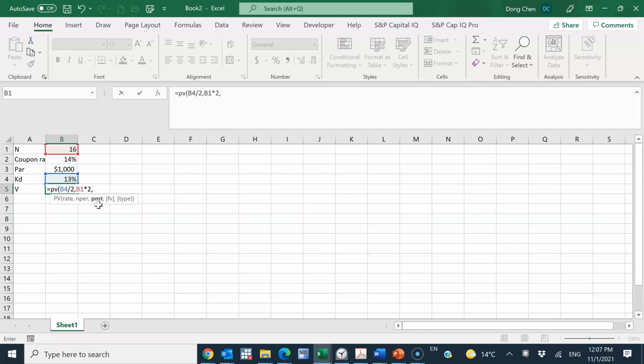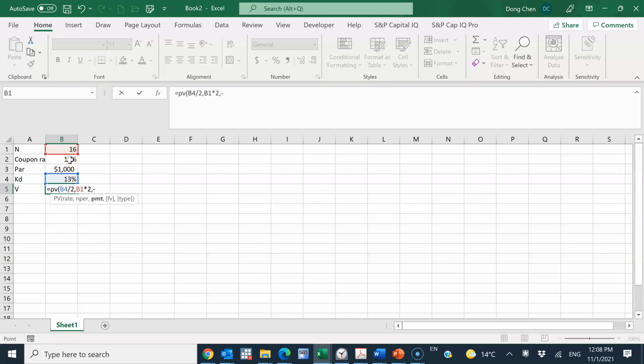Remember, the rule for this function in Excel and your financial calculator is that if you want to get a positive present value, then you need to have a negative payment and a negative future value. So we need to put a negative sign in front of this payment, and the payment is the coupon payment.